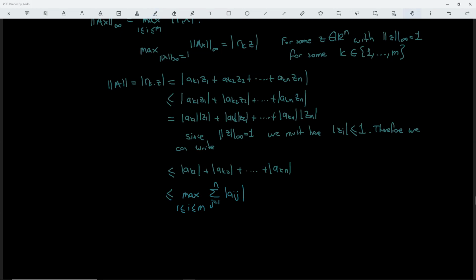And by doing so, we show that this induced norm of A is less than or equal to the maximum over i of the summation j from 1 to n of the absolute value of a_ij.